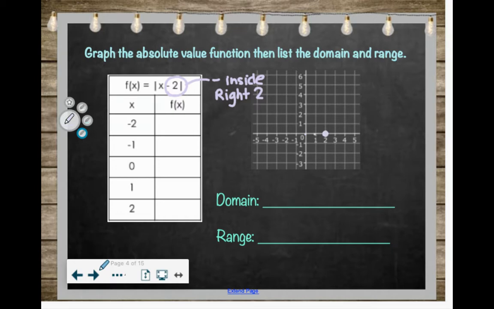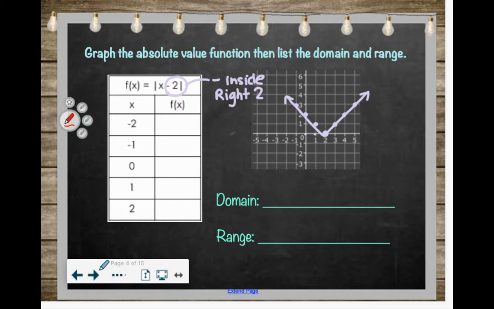And then you fill in the rest of the graph with the V. Up 1, right 1 a couple times, and up 1, left 1 a couple times from the middle. And notice how I came back to the middle and then went up 1, left 1. So basically, it's like picking all the pieces up and moving them to the right 2. Same V shape, just to the right 2.